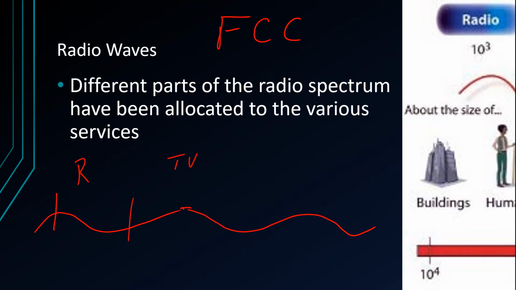TV stations, you guys can operate between there and there. Cell phones, here and here. And so they basically break it up and say, okay, you can use this frequency. Maybe they only want that much frequency for Wi-Fi. And so they can decide how those radio waves are going to be used so they don't interfere with one another.